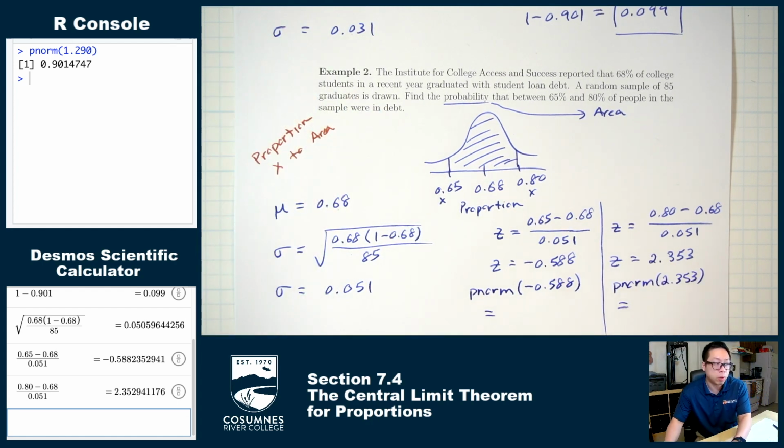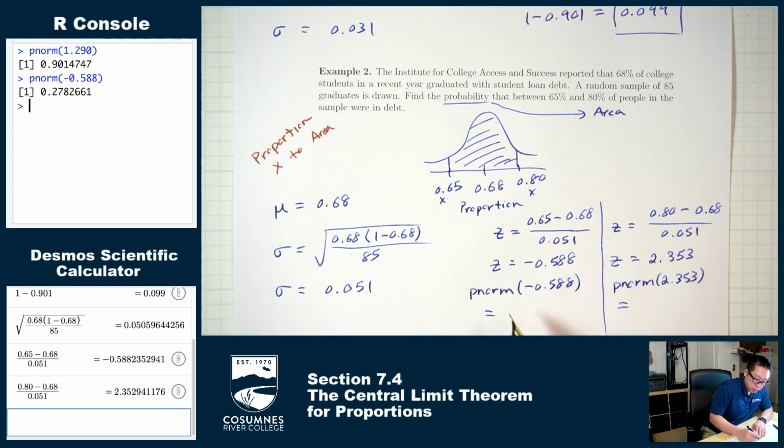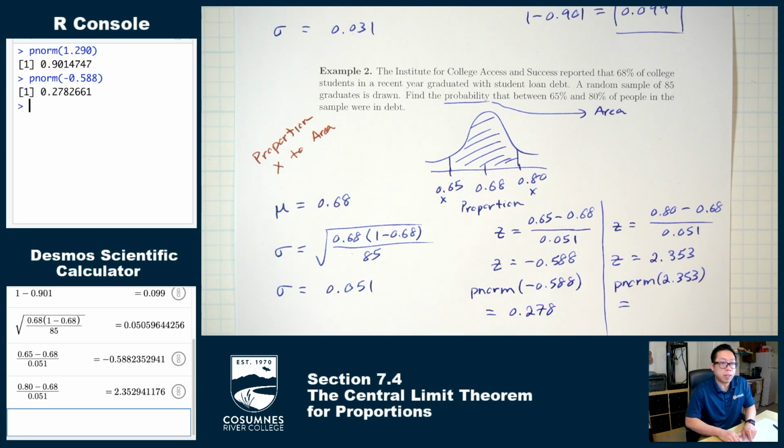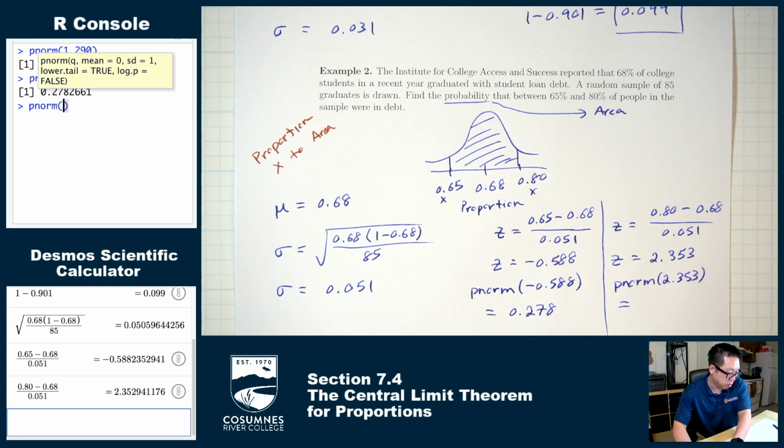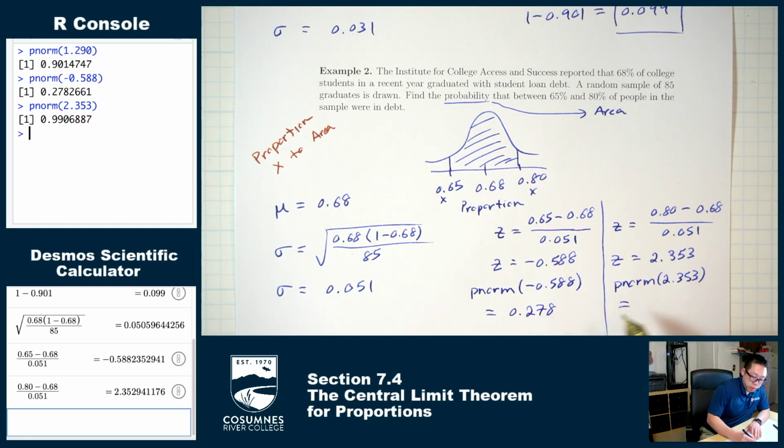All right, the first pnorm is 0.278. The second pnorm is 0.991.